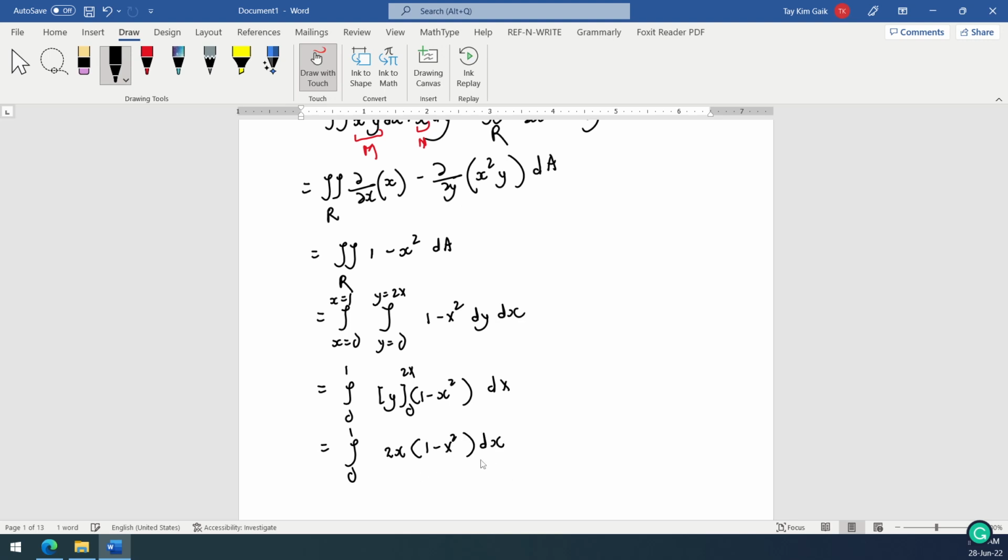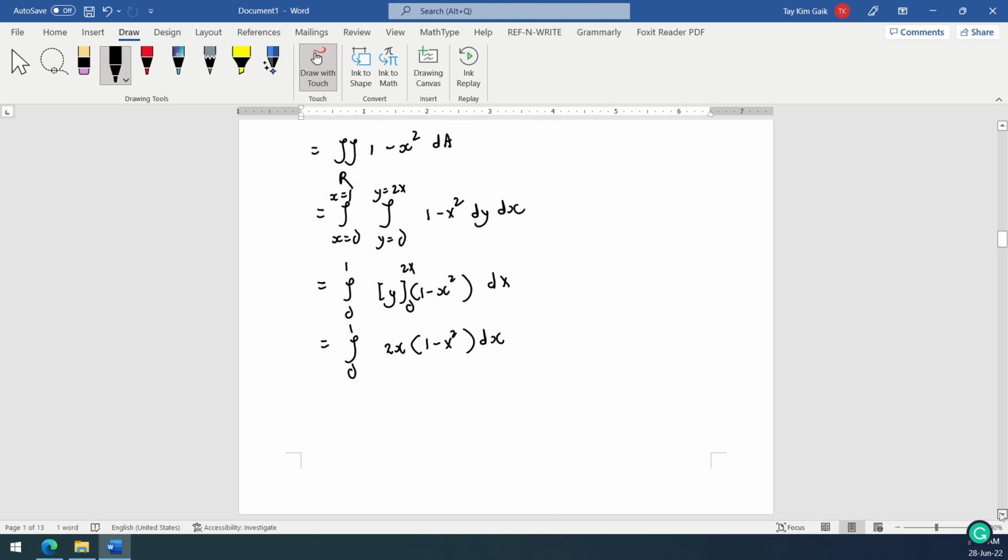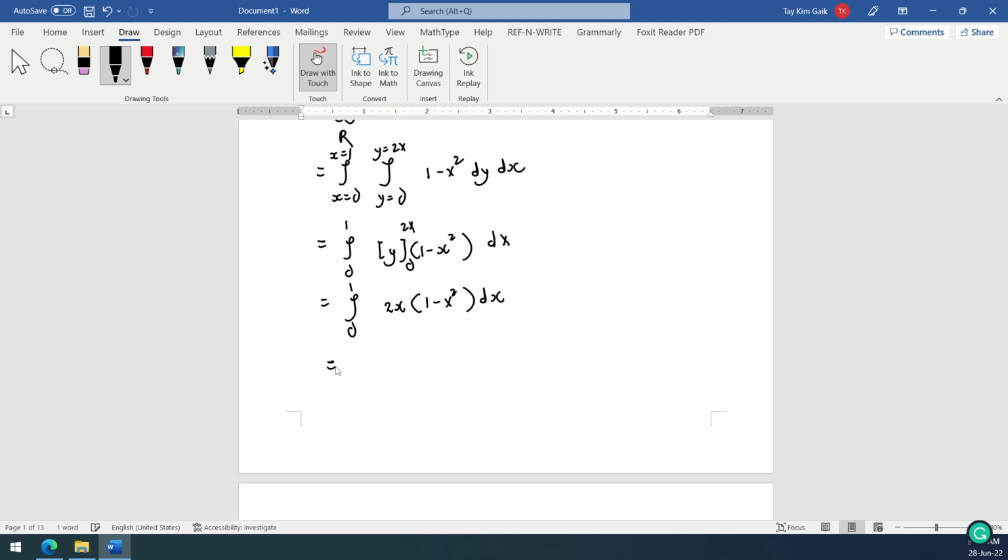You may directly use a scientific calculator at this step, or integrate it manually. Expanding, it is 2x minus 2x cubed dx.